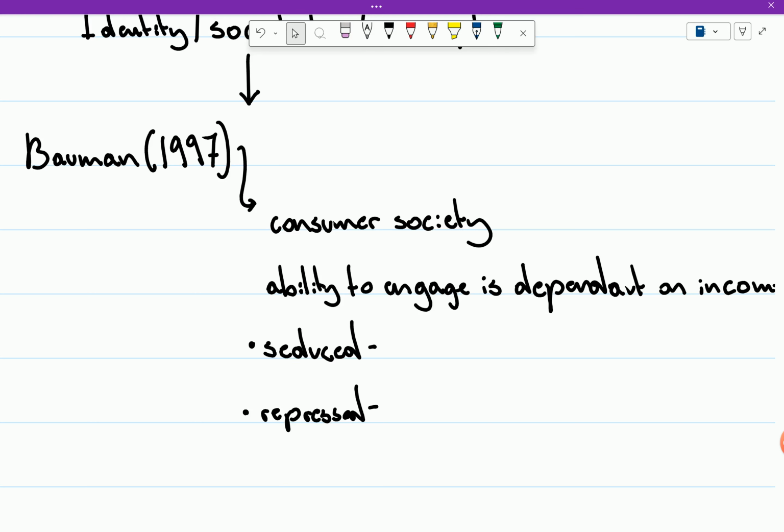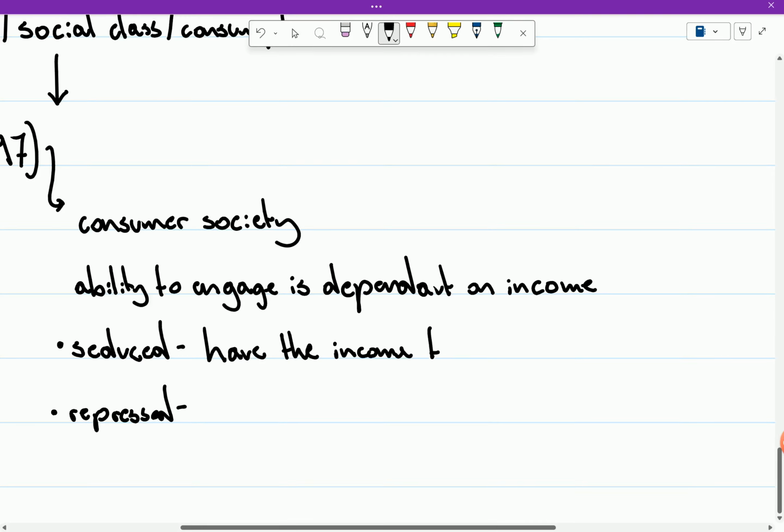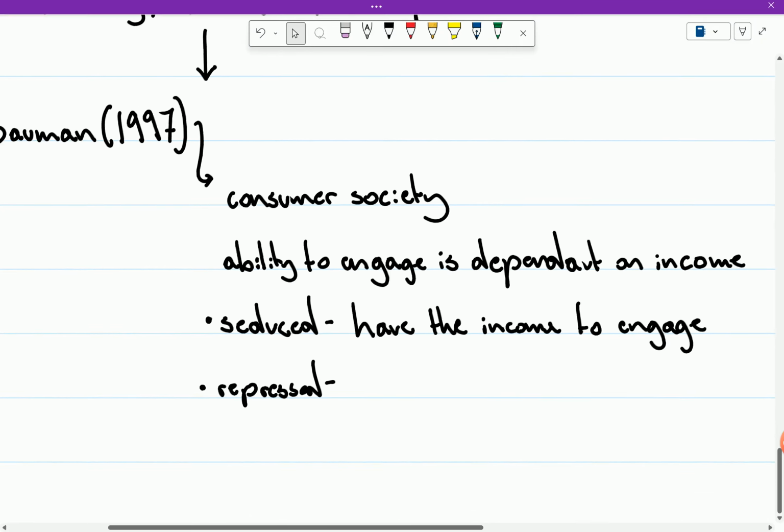They're seduced because they're enticed by what they see, but they have the means to engage. Have the income to engage. And then the repressed don't have the income to engage.